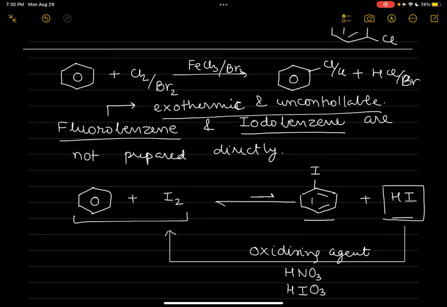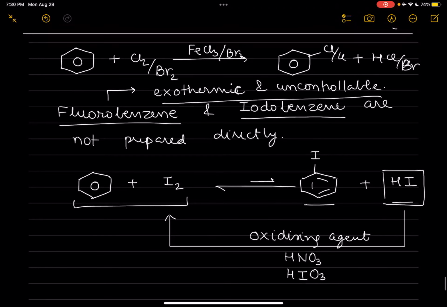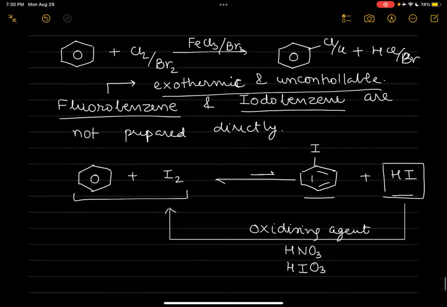Because that reaction will ultimately blow away like a bomb. It is uncontrollable. Fluorination is one of such reactions where you can't control it, and if you can't control a reaction, it gives a lot of heat and it blasts. So such reactions are not carried out directly.